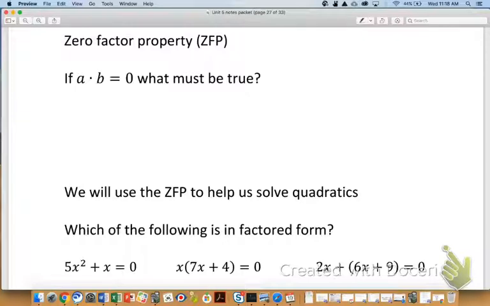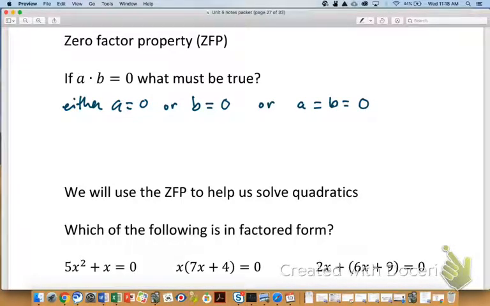Wasn't that a very logical conclusion? If A times B is 0, then like he said, either A or B, or maybe even both have to be 0. So I'll put that up here. If A times B equals 0 must be true, well, either A equals 0, or B equals 0, or both equal 0. One of those things has to be true, doesn't it?